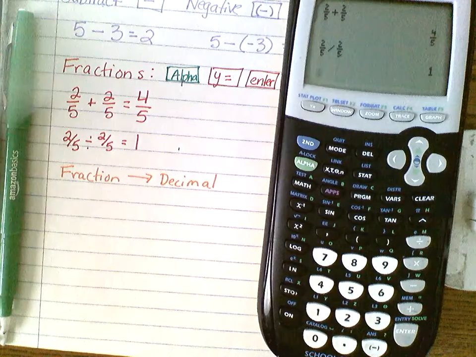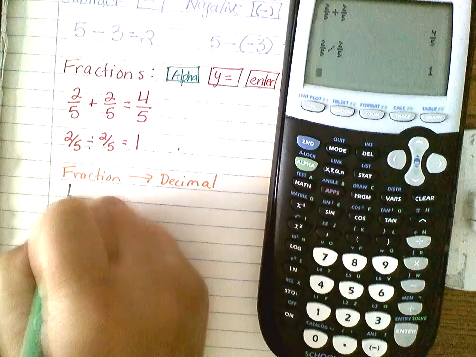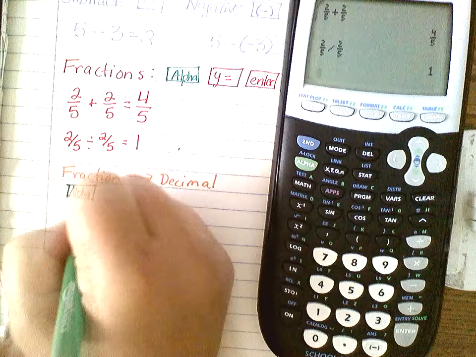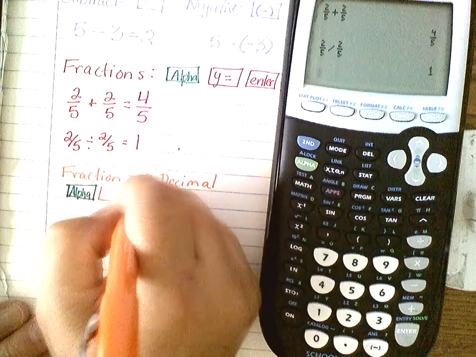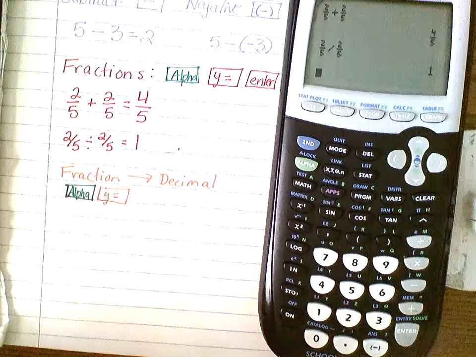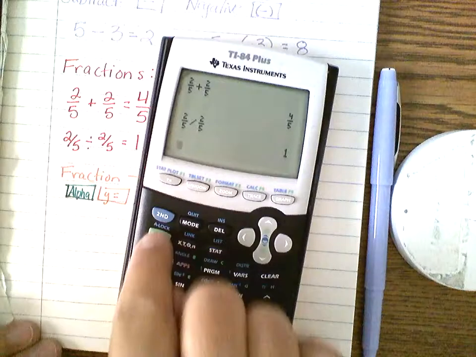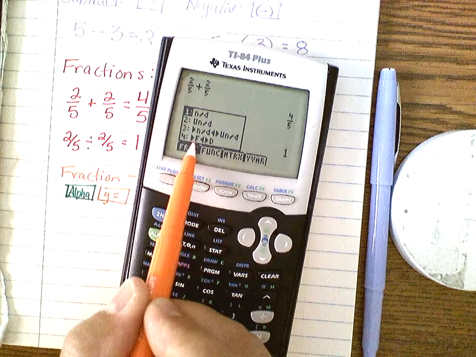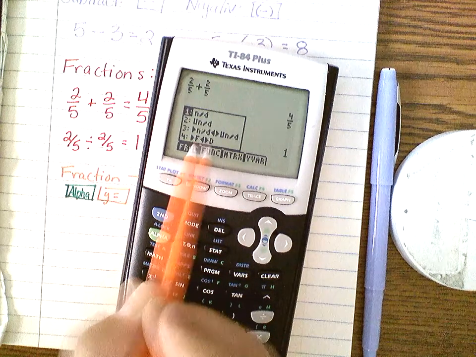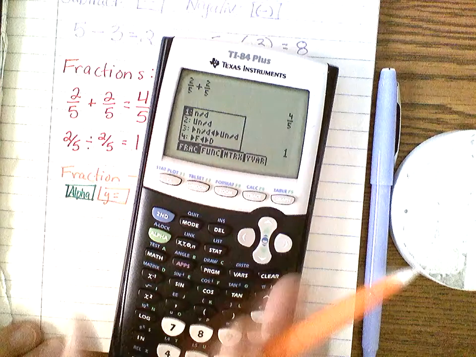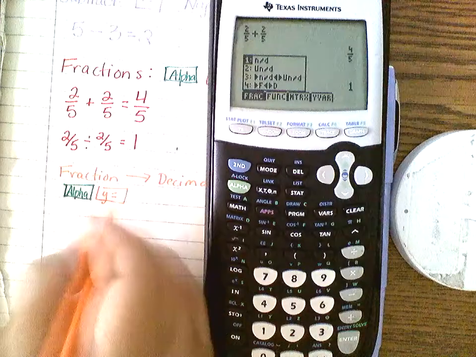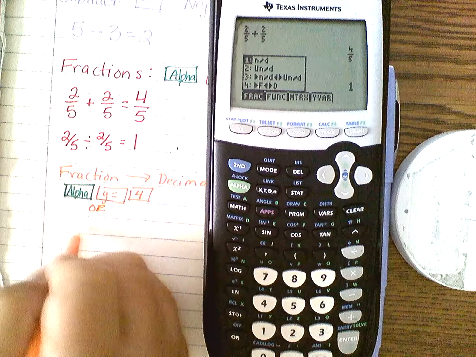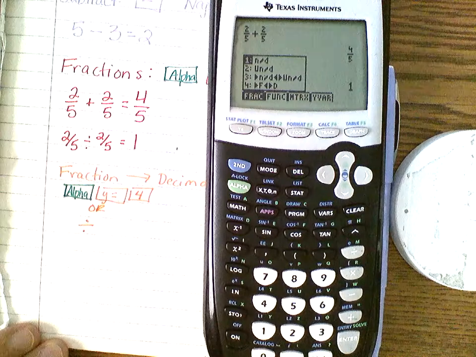We can either use the alpha y equals, and then if you recall, alpha y equals, and then down here I told you number 4 was F and D, so it goes back and forth from fraction to decimal. So we can use that. We would use 4. Or you can strictly divide, okay?